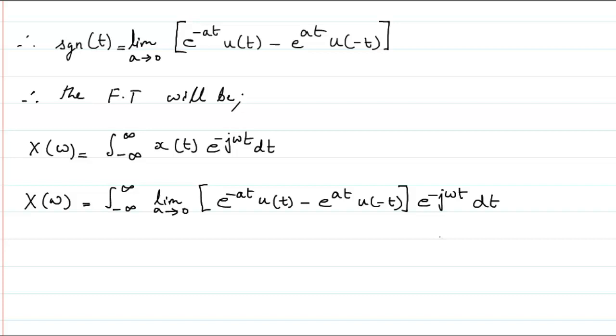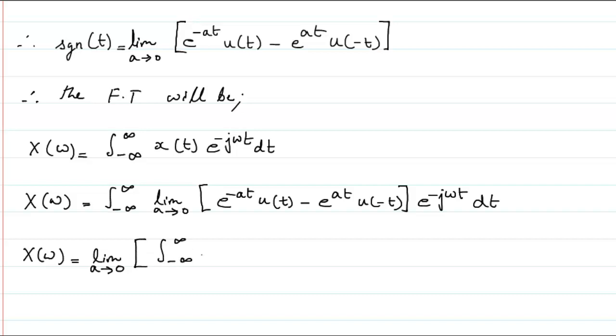Now I can take the limit outside and take the integration inside. So X of omega is equal to limit a tending towards 0, and within brackets I will take the integral for both cases.